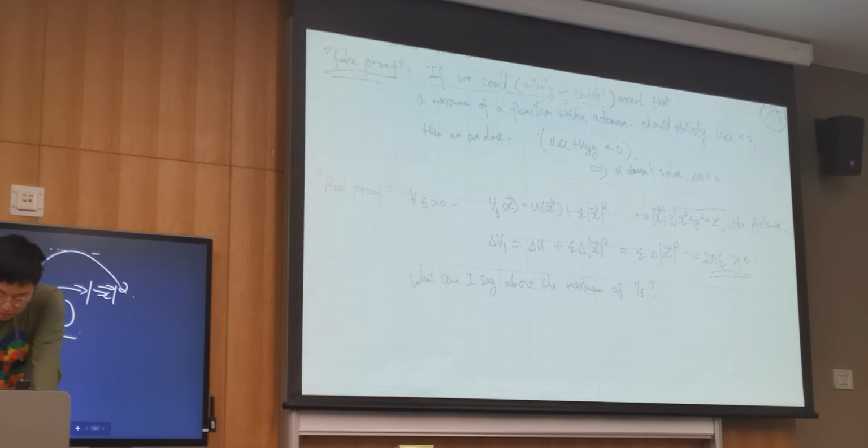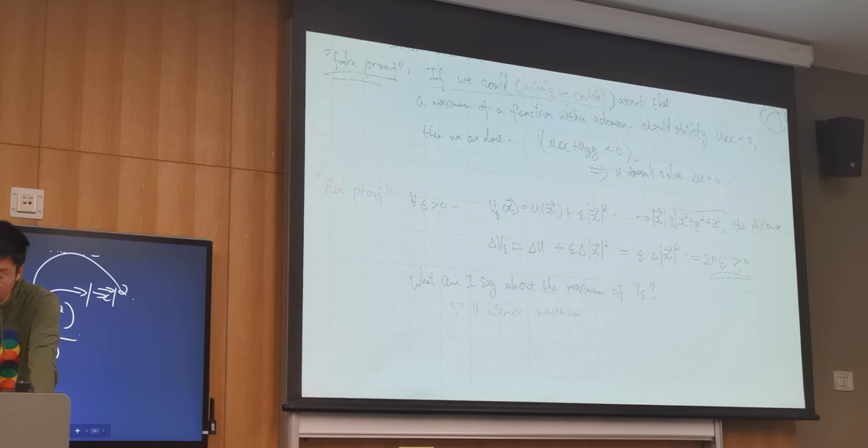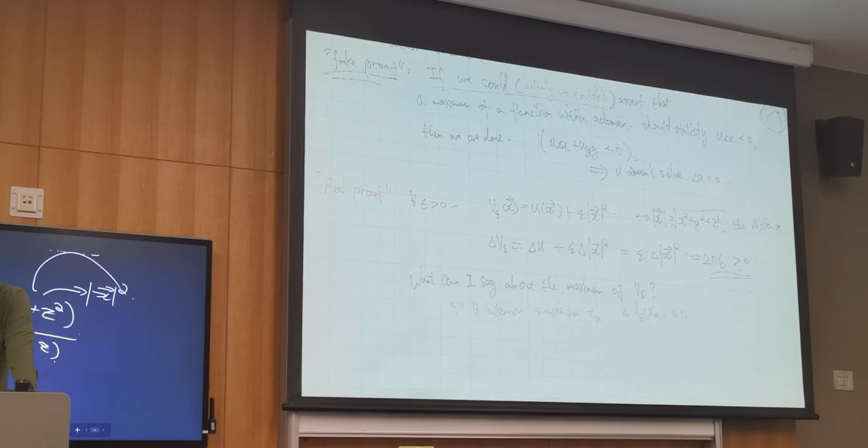For any interior maximum, let's say xm, the Laplace of v epsilon at xm should be smaller than or equal to 0.